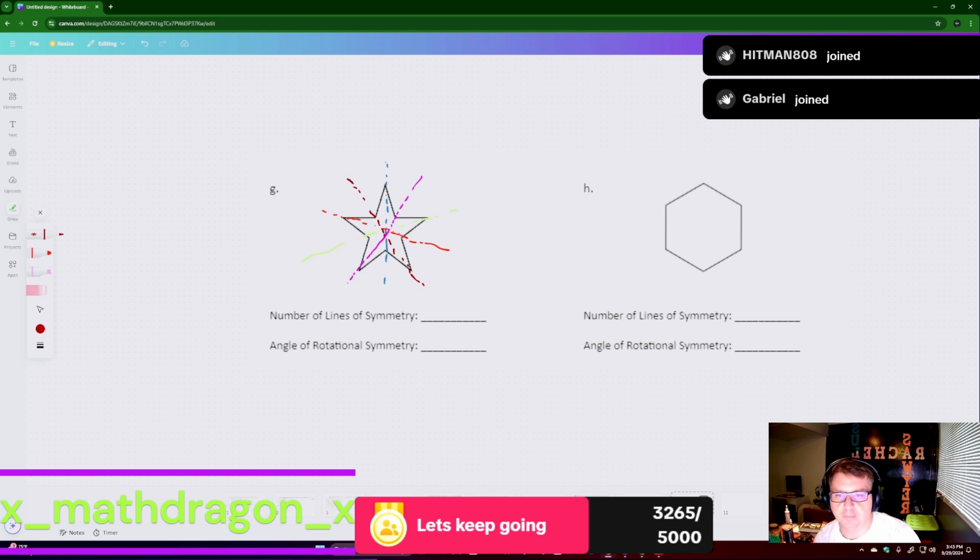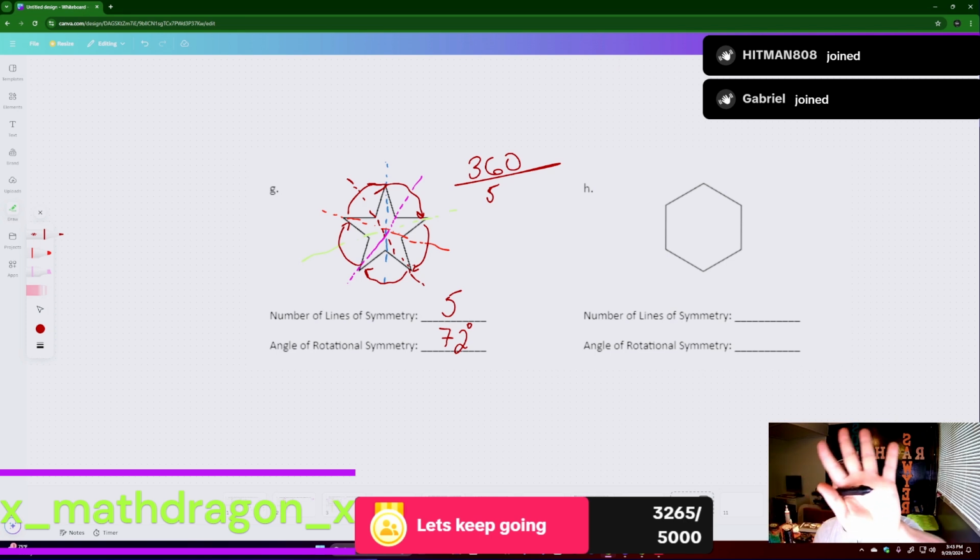So once we do that, we're going to have 5 lines of symmetry, and 360 divided by 5, well, that would be 5 goes into 36, what, 7 times? 72 degrees? Wow, that's kind of weird. But if we rotate it every 72 degrees, this point would fall on here, would fall on there, would fall on there, would fall on there, would fall on there. And we would get that same picture falling on top of itself as we rotate it around.